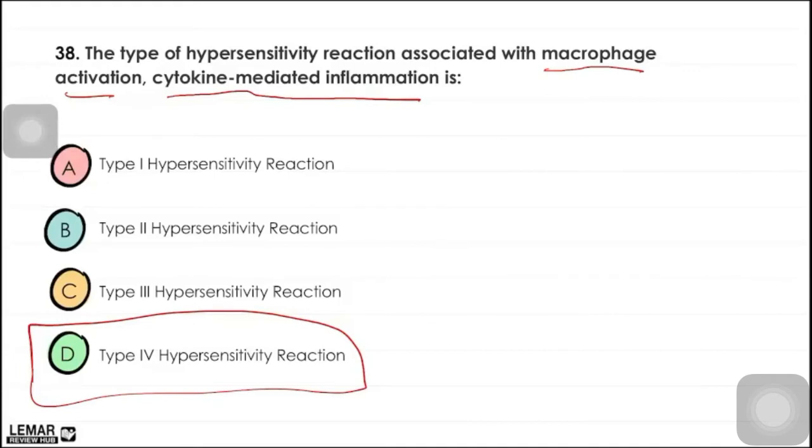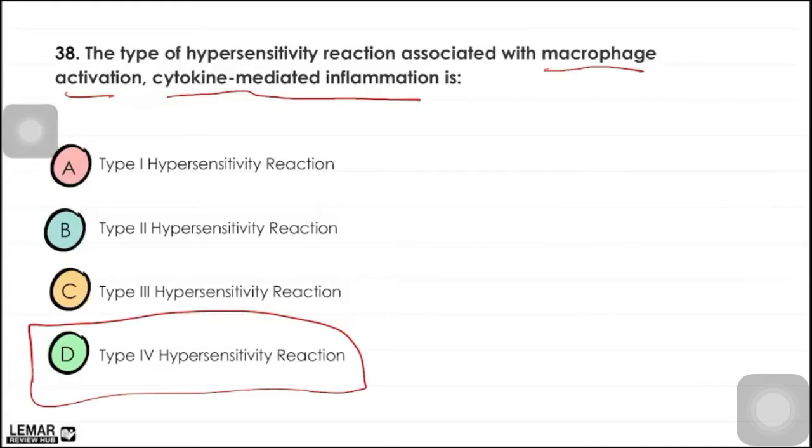Type 2 hypersensitivity reaction is cytotoxic, antibody-mediated, antibody-dependent, complement-mediated hypersensitivity reaction. So this is associated with complement and Fc receptor mediated recruitment and activation of leukocytes, particularly neutrophils and macrophages. We have your type 3 hypersensitivity reaction.